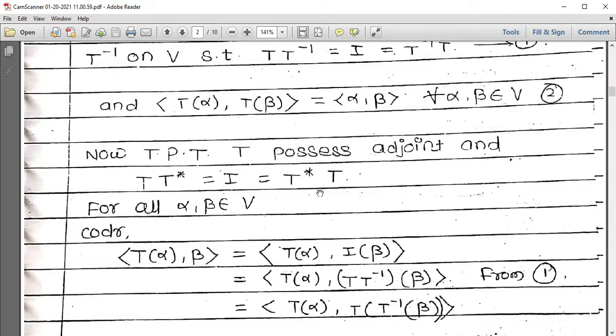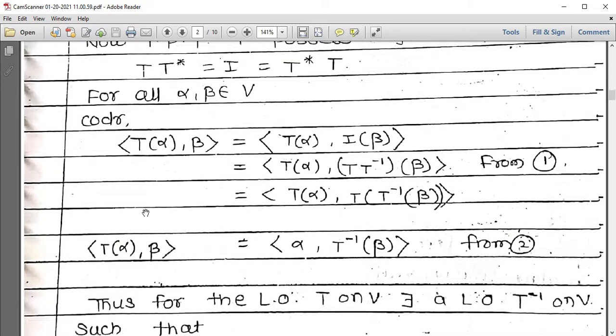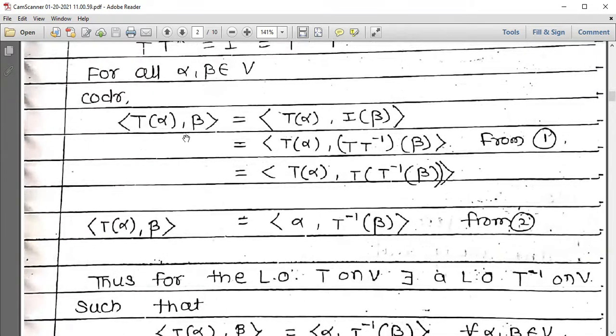For this, let us suppose for all alpha, beta belonging to V, we consider the inner product of T alpha with beta, which is equal to the inner product of T alpha and, instead of beta, we can write I of beta, the identity operator. I of beta is nothing but beta.